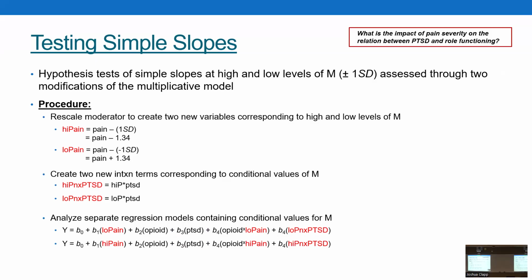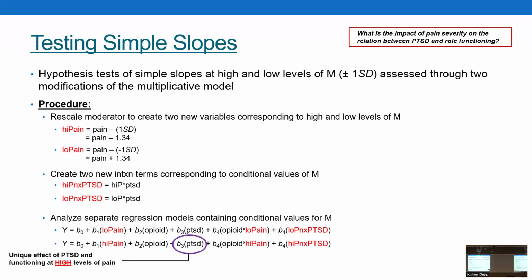Same thing, and then I would run a separate model. I would swap in high pain. Any place where pain was in my original model, I just substituted my high pain variable. So now I've got my intercept, high pain plus opiate plus PTSD plus opiate times high pain plus high pain times PTSD. So I've got new interactions for both of these that I've swapped in.